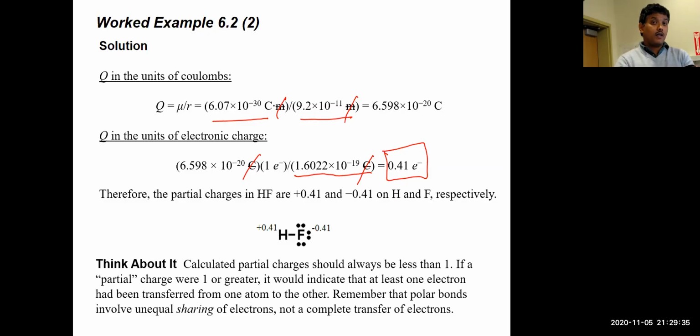Remember, the HF bond is a covalent bond because they share electrons between them. But because fluorine has a greater electronegativity value than hydrogen, it attracts more electrons towards it.